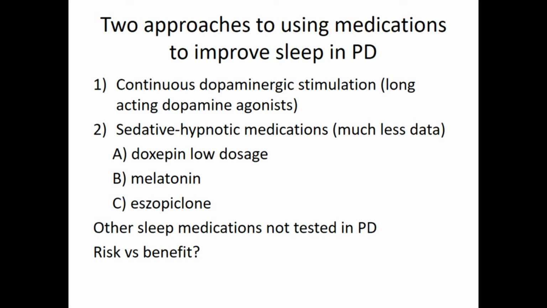There've been very few studies testing sleeping pills in Parkinson's disease and insomnia per se. The 3 medications that have been tested are doxepin, which is a very old antidepressant that has a lot of antihistaminic properties, melatonin, and eszopiclone, that you may recognize as the brand Lunesta.